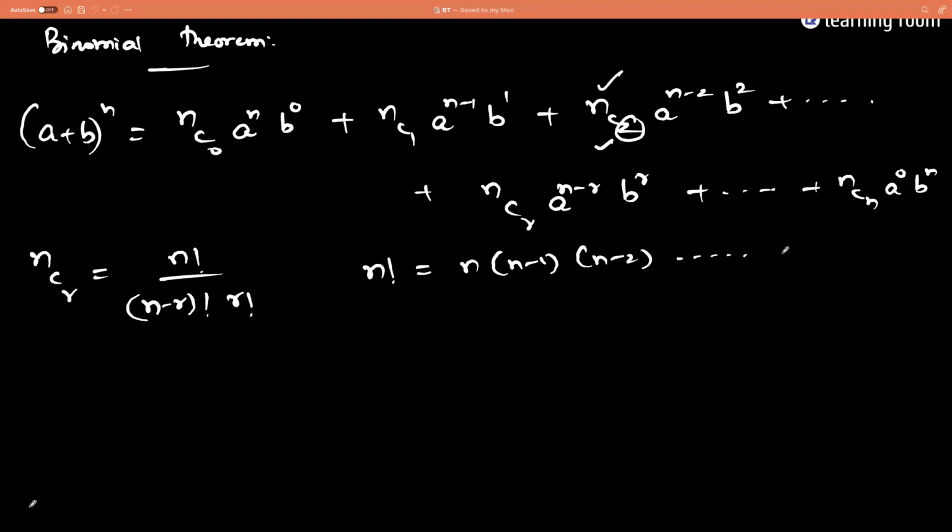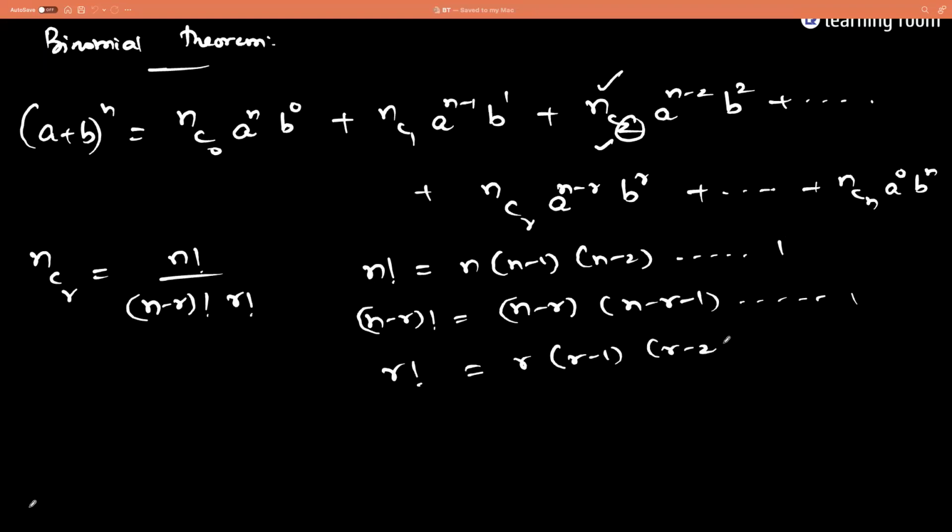Very good. So what is (n minus r) factorial then? (n minus r) into (n minus r minus 1), and so on till 1. r factorial will obviously be r into (r minus 1) into (r minus 2), and so on till 1. Am I right? Yes, sir. That's good.